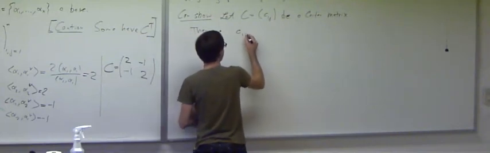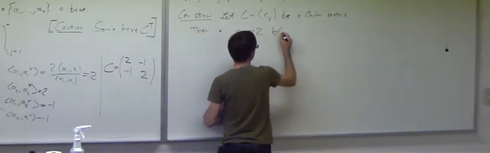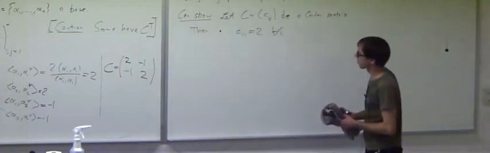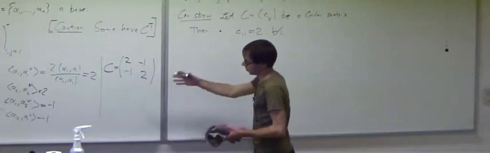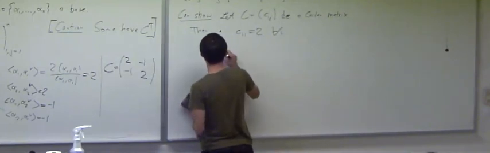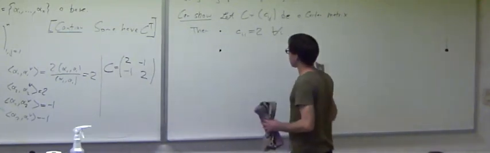Then Cii equals 2 for all i. Well, this is obvious. Well, we already noticed that when we did this example. Then there are other properties which are less obvious. So these are propositions or lemmas to show.